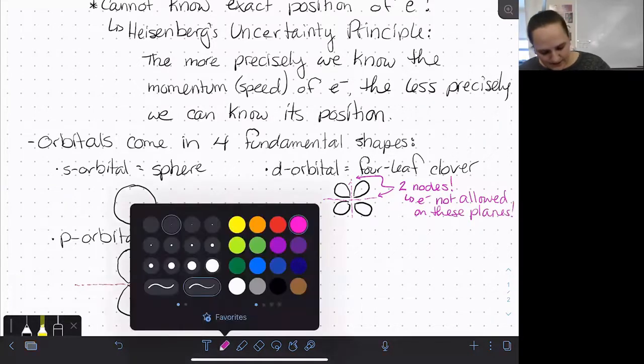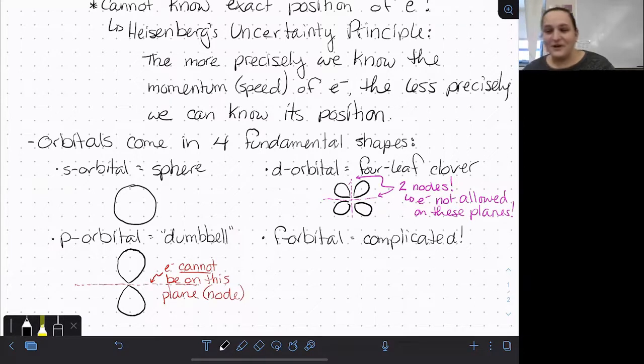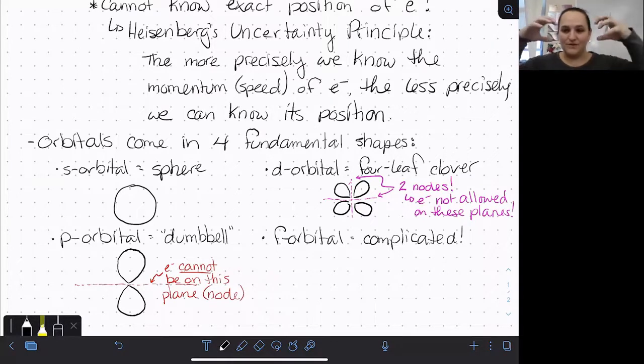And then last but not least, we have the f orbitals, which are complicated, to put it simply. So the shape is not one that's easy to draw, but what you want to imagine, and we'll look at a 3D model of this in class, is taking that four-leaf clover shape, where you can think of the lobes as looking like a balloon, more or less.